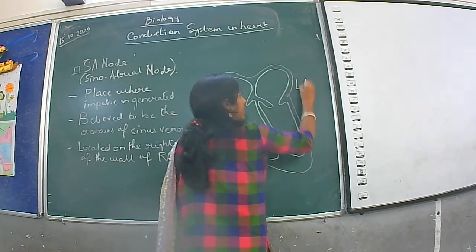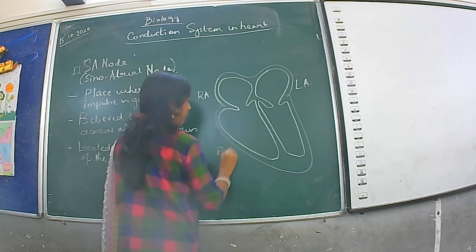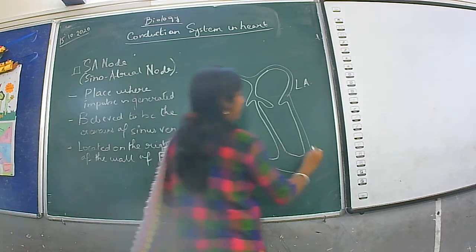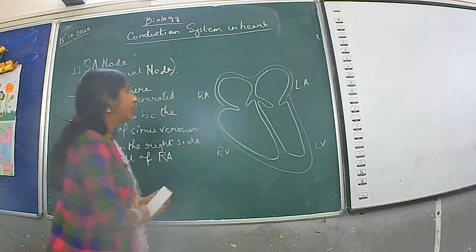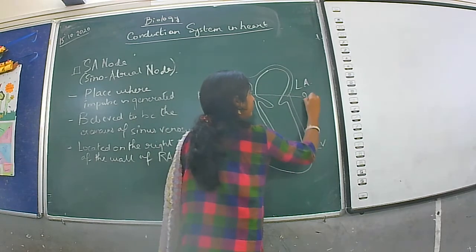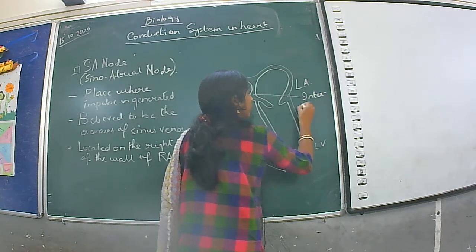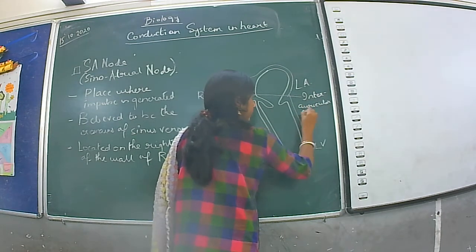This one is the left atrium. This one is the right ventricle, and this one is the left ventricle. This you all know. You also know about the partitions. This is the inter-auricular septum.